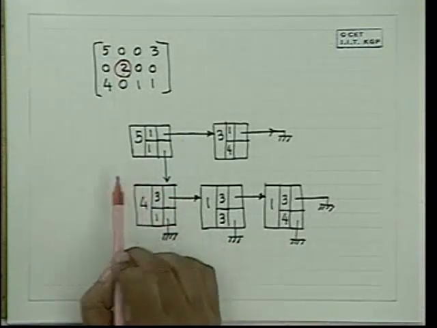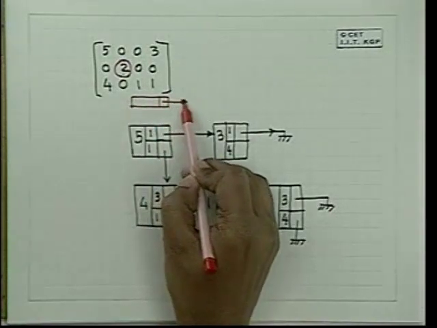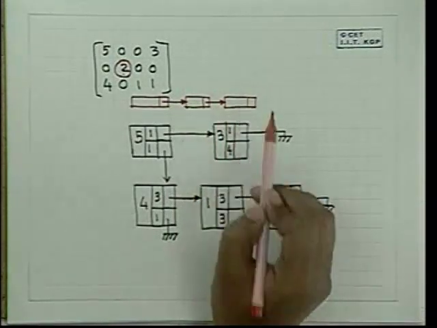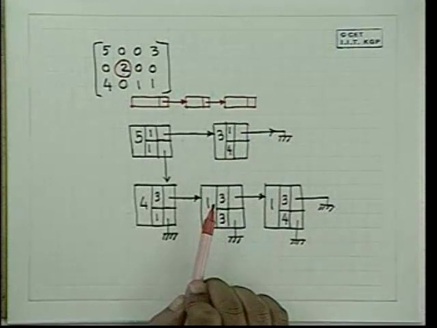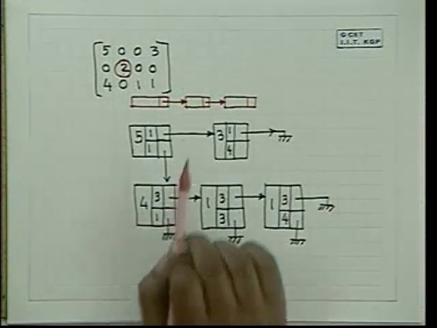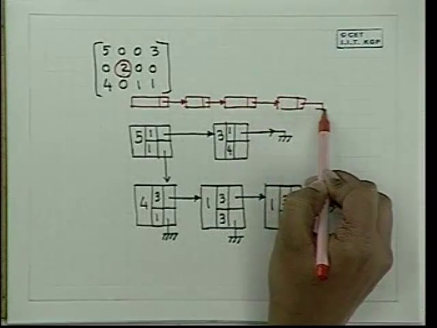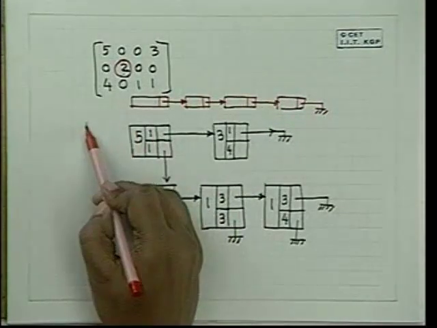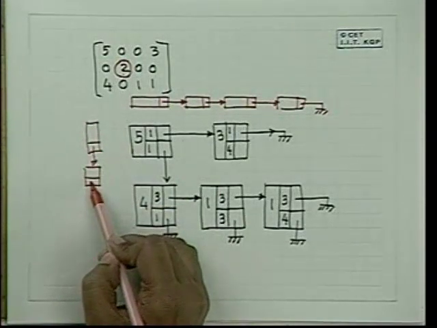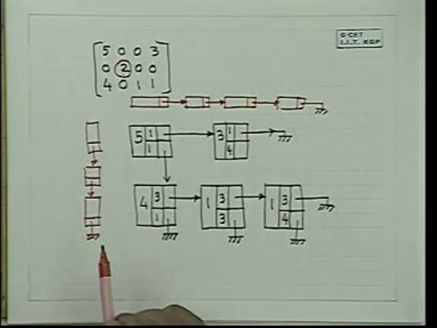In order to solve this problem, we will have header pointers. Because you will also require information whether element 2 2 is present, element 2 0 is present. How will you find out? How will you go to the 2 0th element? And we will have header pointers for the rows and the columns. All right.